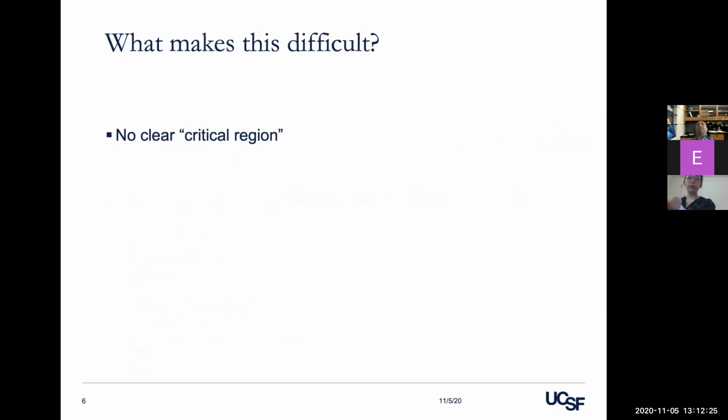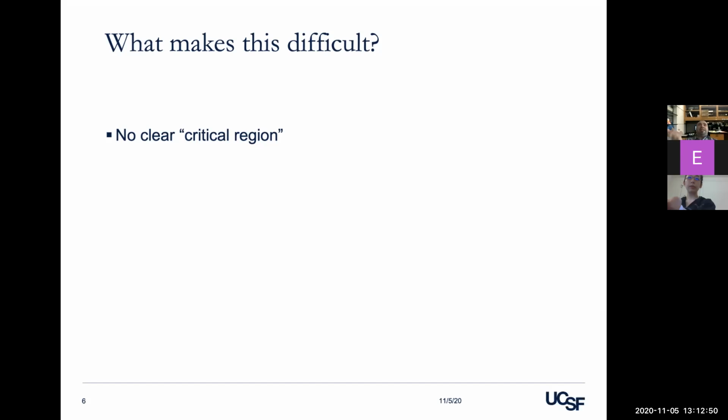Well, one reason is that there's no clear critical region, what we call it. So sometimes what might happen is that we'd have like 10 genes that are deleted, and in some patients we might find two patients with two genes within that deletion that have exactly the same phenotype.